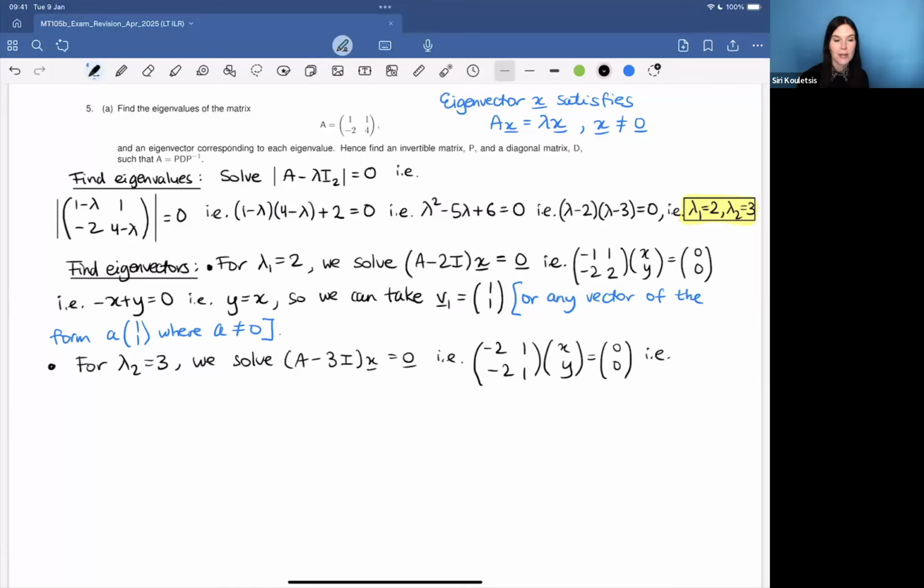And in this case, of course, it's the same equation. And so writing out, say, the first equation, we see that y equals 2x. And so any vector where the second entry is 2 times the first entry will do. And of course, non-zero.